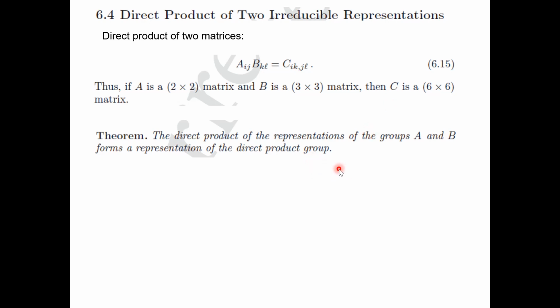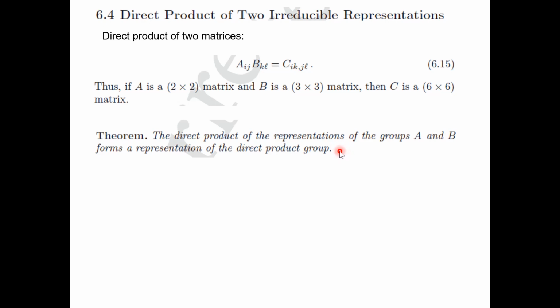there's this theorem that says that the direct product of two representations of groups A and B, you take two different groups and take two representations, one from group A and the other from group B, will form a representation of the direct product group. And this is a simple proof.